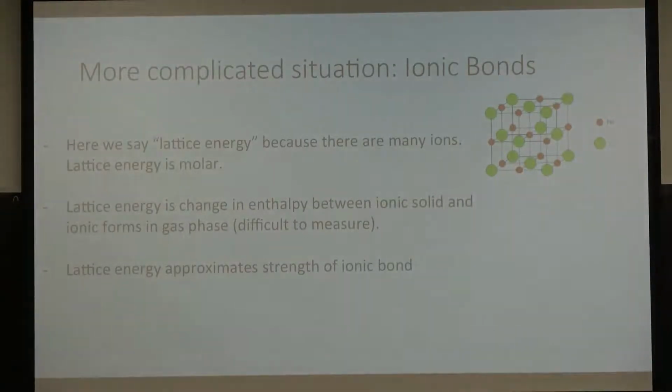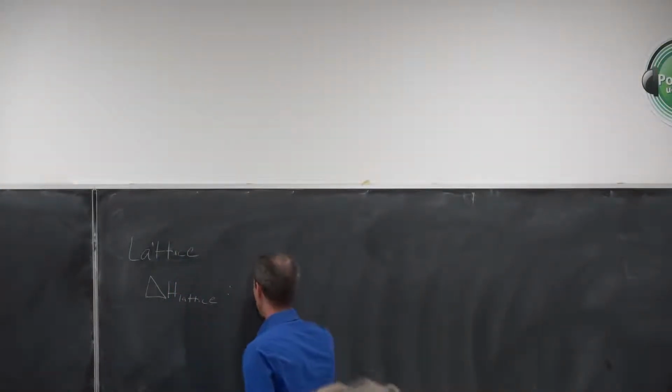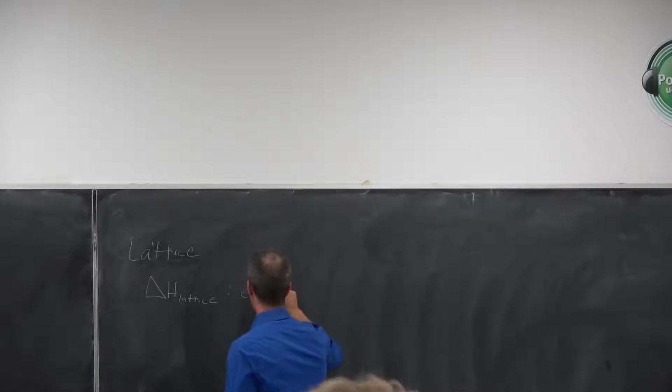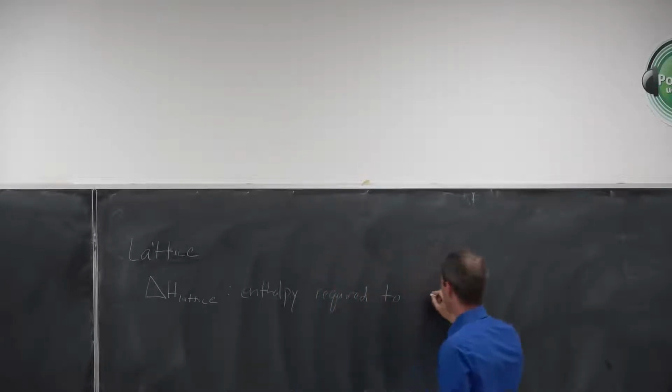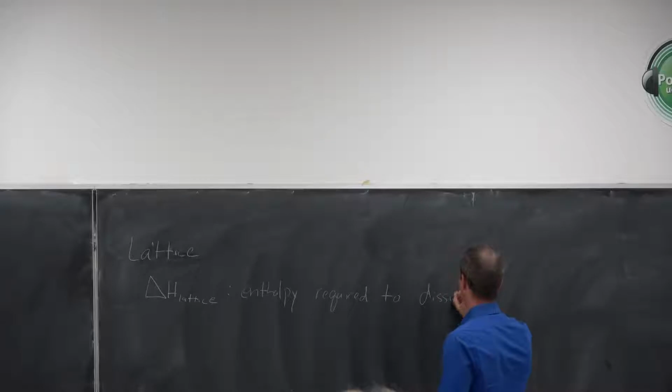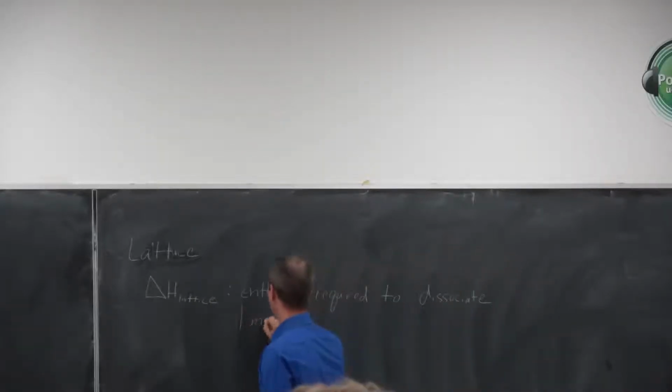It's the energy required to dissociate. Well, let's define it. Lattice energy. Lattice enthalpy is the right way to say it. So delta H lattice. It's the enthalpy required to dissociate 1 mole.